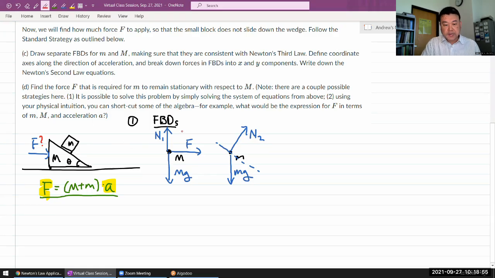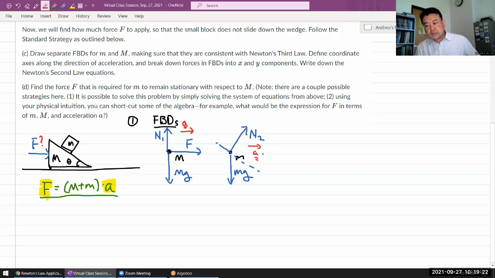If the ramp is accelerating to the right horizontally, and the small mass m is neither sliding down nor up, then it must be accelerating the exact same way, horizontally, with the same magnitude of acceleration as the ramp. And with these two forces, you can make the forces add up so that the small mass m has horizontal acceleration. That looks fine.